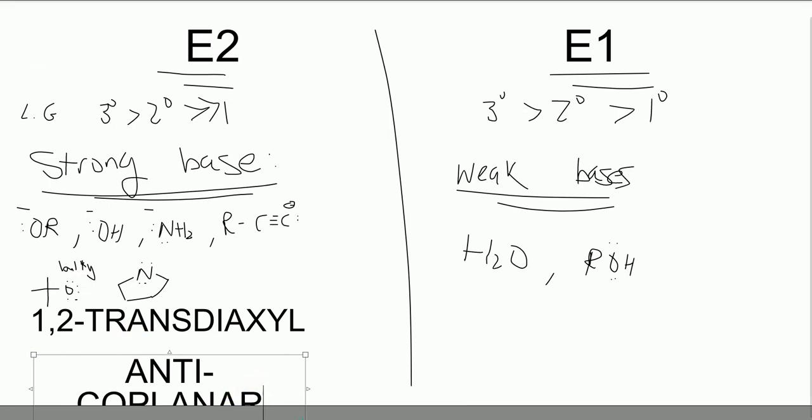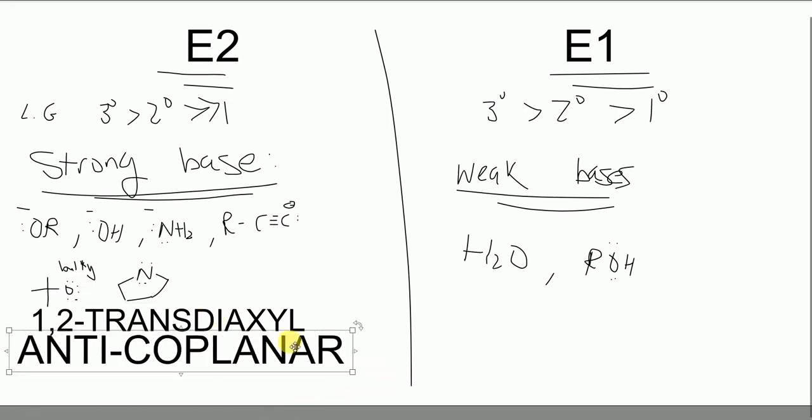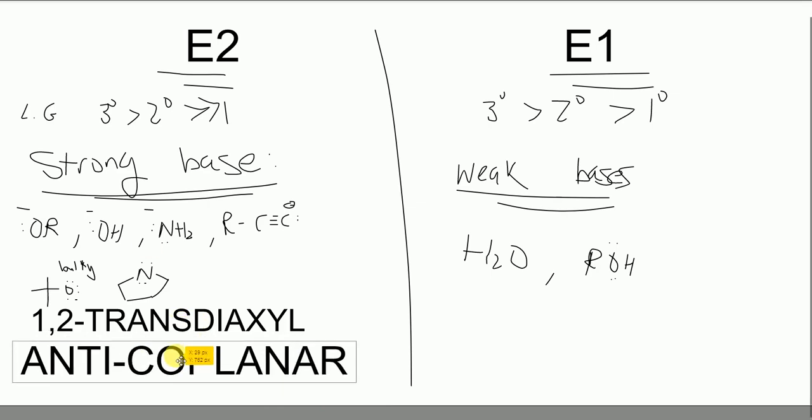All right. So that's just two rules that we have to follow. These need to be followed in 1,2 trans diaxial or anti-coplanar. The same thing, just depends on what they're on. We'll look at some examples of this, and essentially this is referring to whenever we have stereochemistry, the orientation of the leaving group and the hydrogen that the base is going to remove.